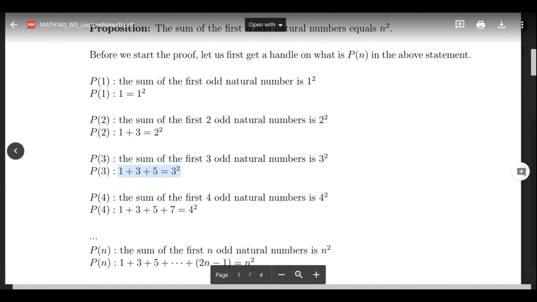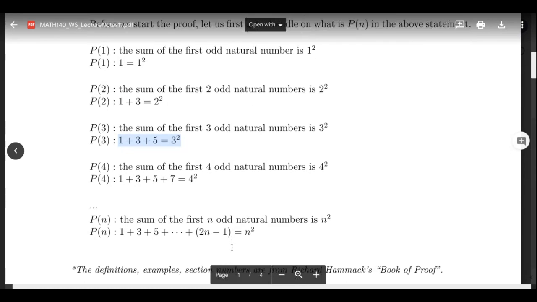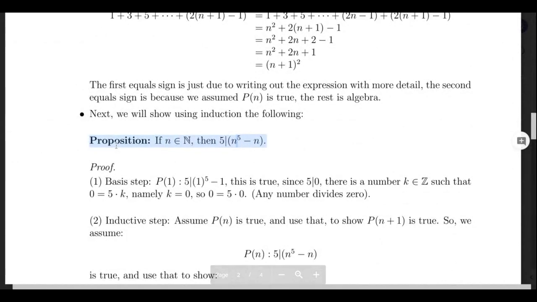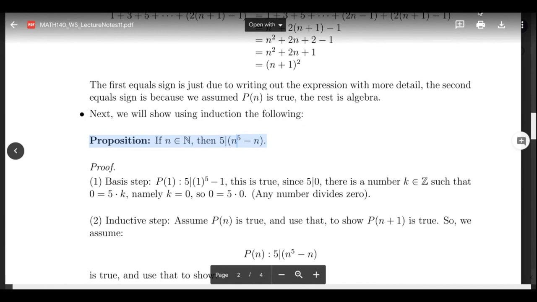Ada, what do you mean, the next proposition? Oh, the next proposition. You mean this one? If n is a natural number, then 5 divides n raised to 5 minus n.